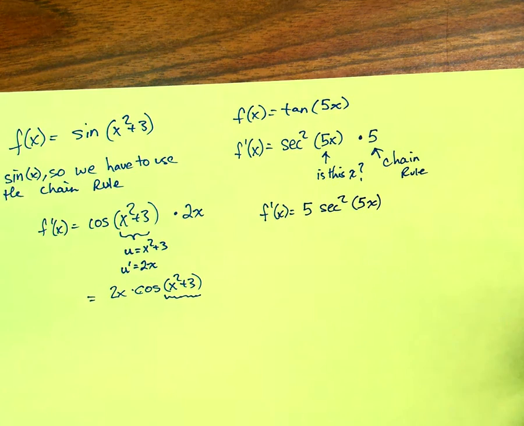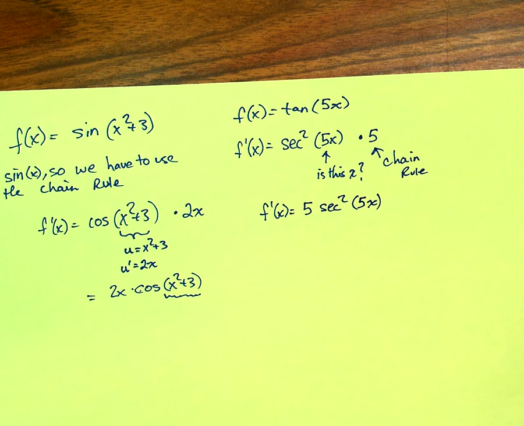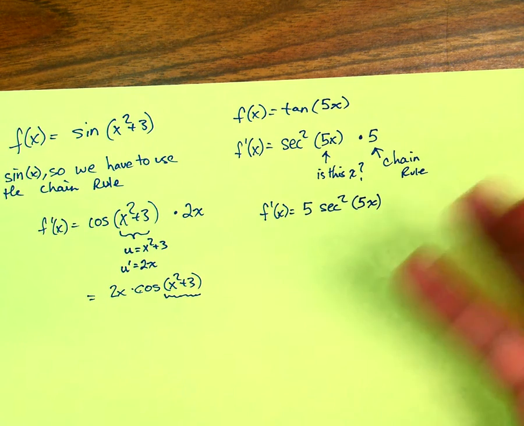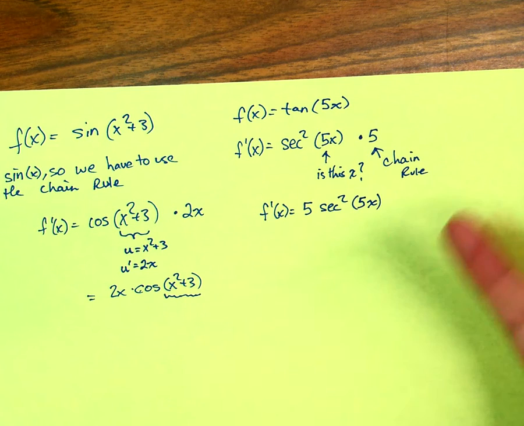So whenever we're taking a derivative, you always ask yourself, because our basic rules were always for the derivative of x, or sine x, cosine x, tangent x. If it's something different, chain rule has to come into play. Now, I want you to try this one.